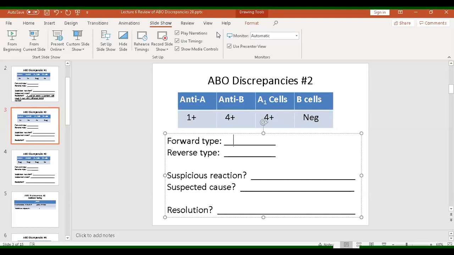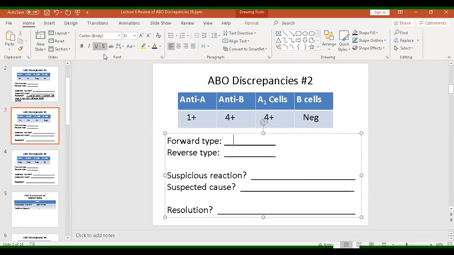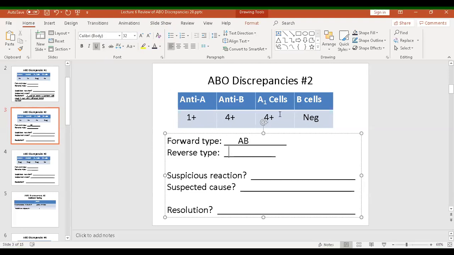So it looks like forward typing, once again, they look like they're type AB. When we look at our reverse typing, we see that they are reacting with A1 cells, which means they have an anti-A, and they are not reacting with the B cells.